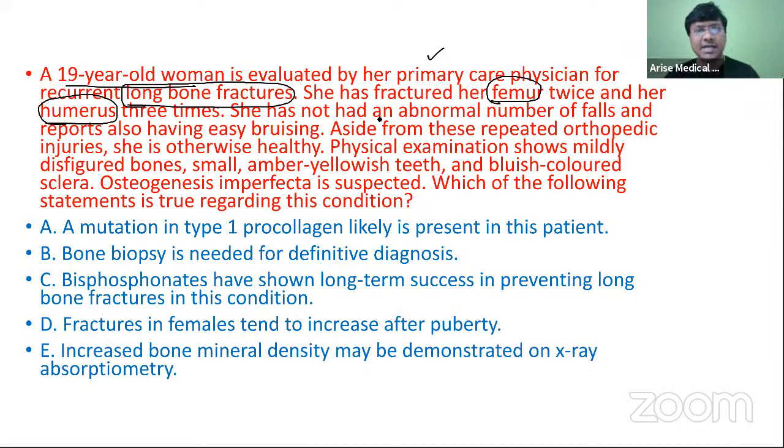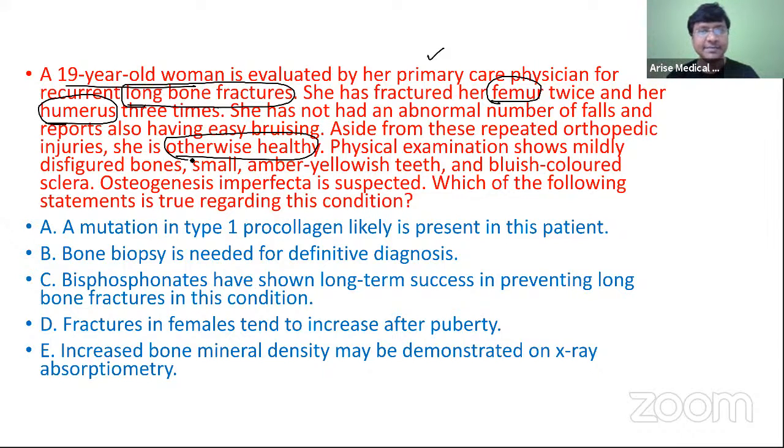She has not had an abnormal number of falls and reports easy bruising. So it was not a great fall that would lead to fracture in a normal individual, but this individual had recurrent fractures in spite of a minimal fall. Aside from these repeated orthopedic injuries, she is otherwise healthy.